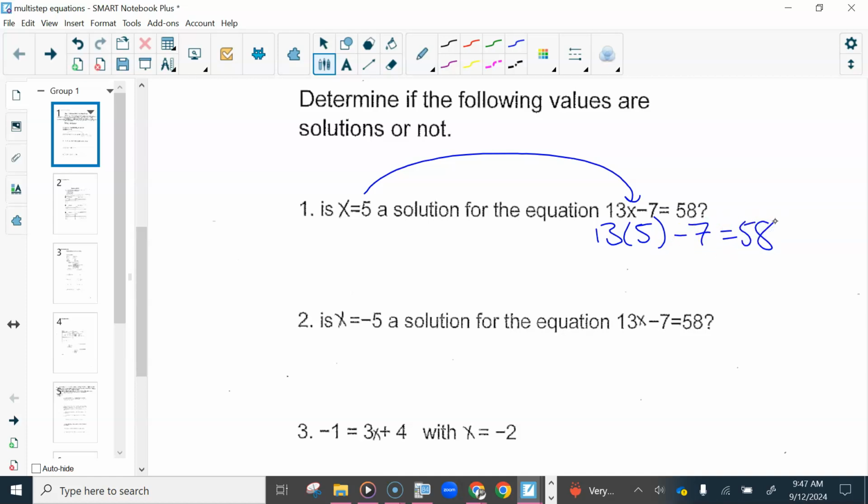And I'm going to see, does this make a true statement or not? So if I multiply 13 times 5, will give me 65. And then if I subtract 7, would that give me 58? Yes. So I can say this is a true statement.